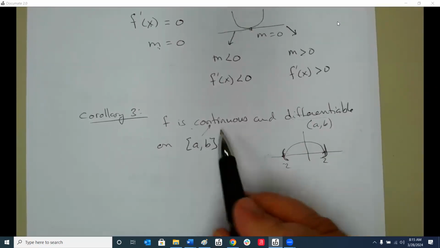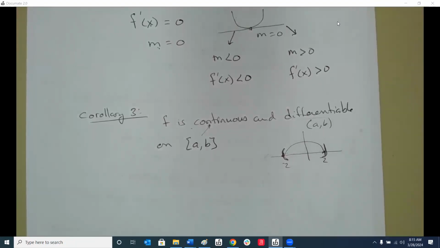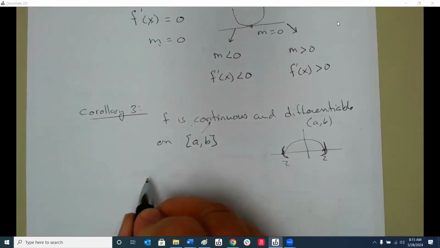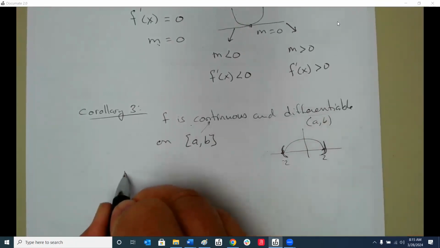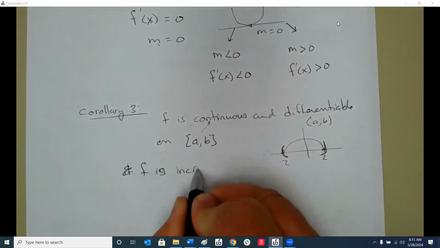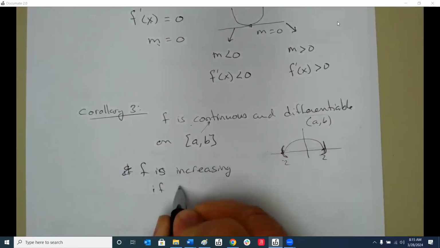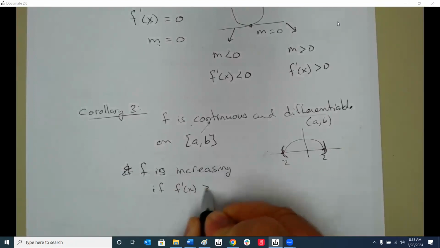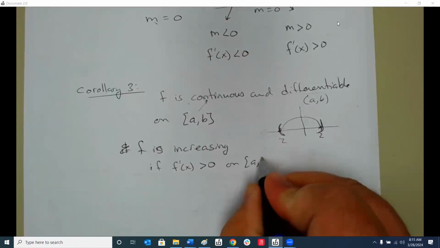So it's got to be continuous on the entire closed interval, differentiable on the open interval, at each point. Then we say that f is increasing if the first derivative is positive on that closed interval.